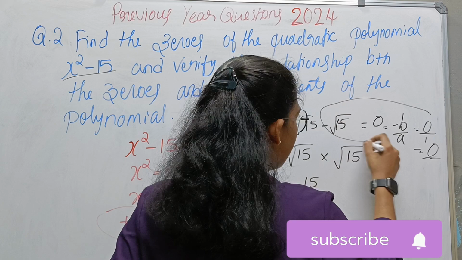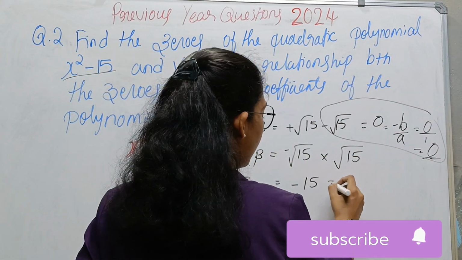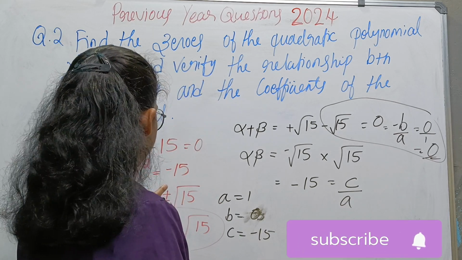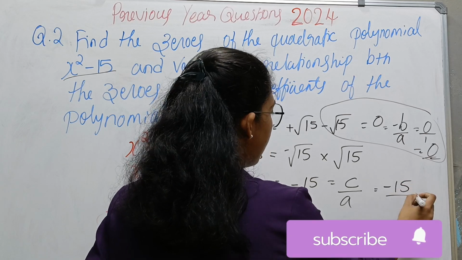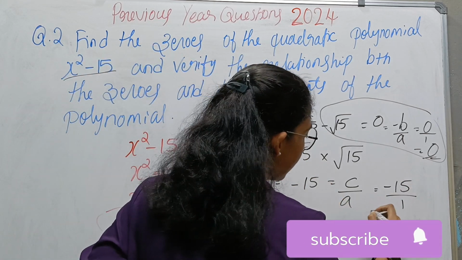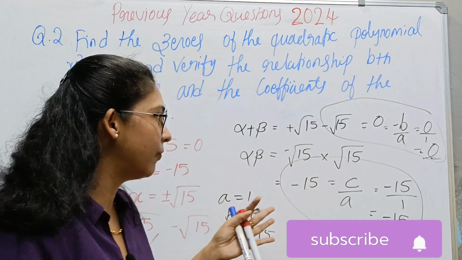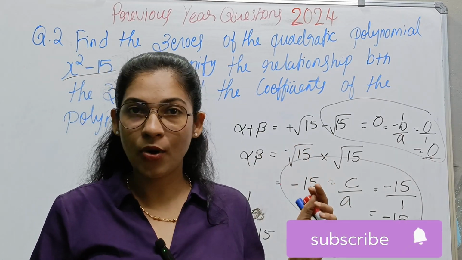So the first part is verified. Next, alpha beta is equal to c upon a. What is c? c is minus 15 divided by a, which is 1, so it is equal to minus 15. Hence it is verified that we get the same answers. Thus we verified this polynomial.